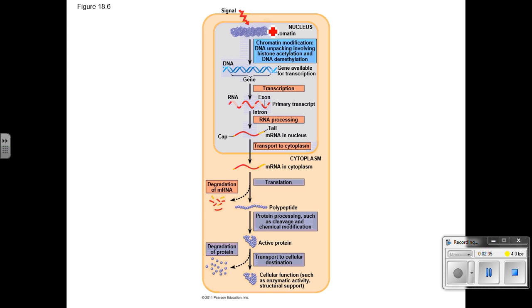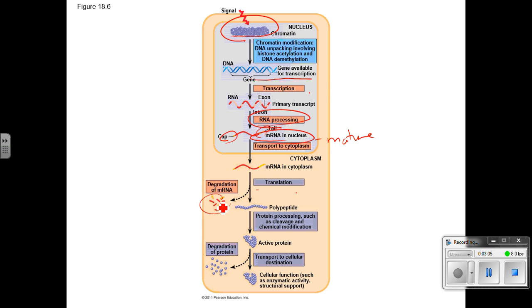So here's a signal. It's given to the chromatin, which is your DNA. The genes become available for transcription. They are transcribed. Remember, we have RNA processing where the exons are spliced together and the introns are taken out, and it gets a cap and a tail. The mRNA is made into mature mRNA. It's transported out to the cytoplasm, and then it is translated.